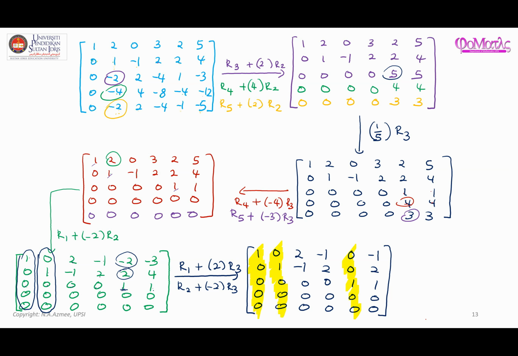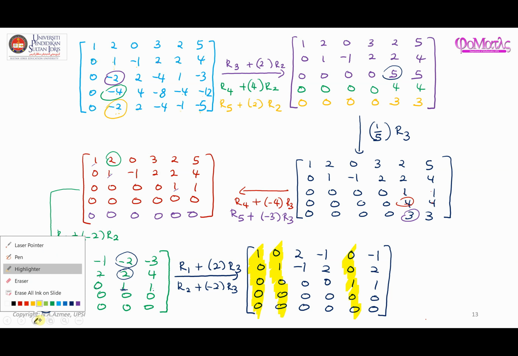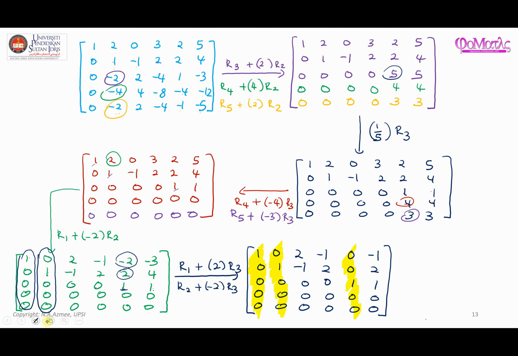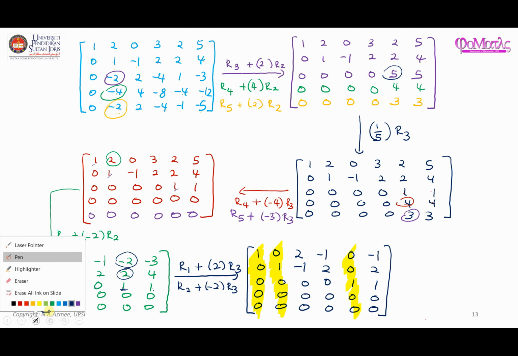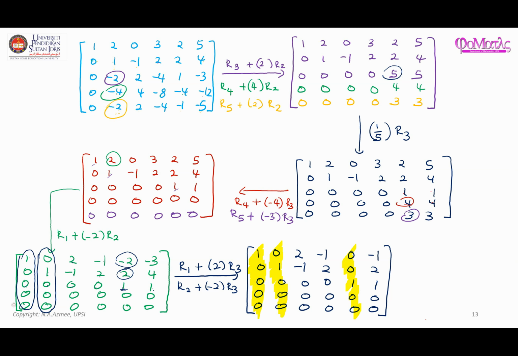Therefore we need to go back to the original matrix, and we're just going to consider the first column, second column, third, fourth, fifth column as the basis for the given vectors. Wow, this is such a long process.